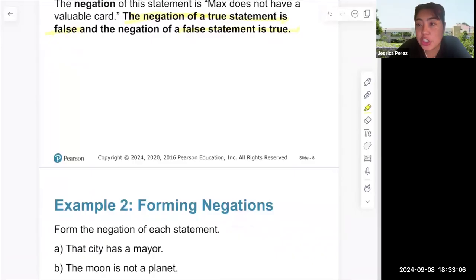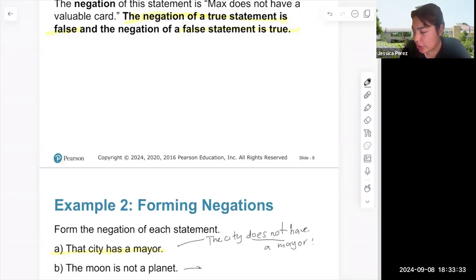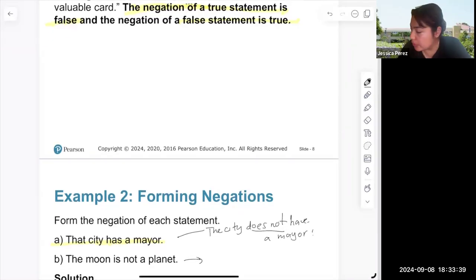Form the negation of each statement. So the city has a mayor, that's a statement. So you want to negate it. So the city does not have a mayor. Whereas for the moon is not a planet, you change it to something true: the moon is a planet.